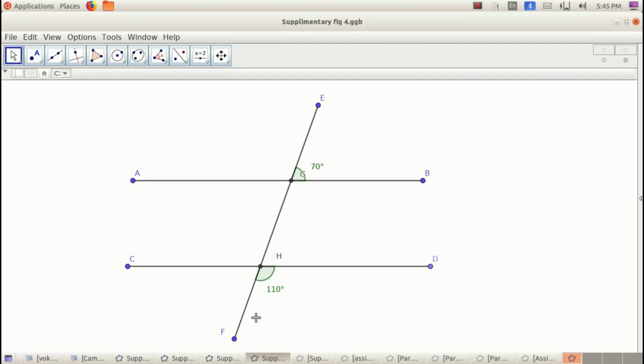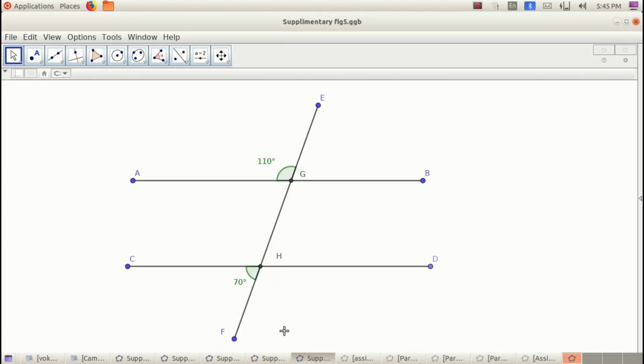So what can we call this pair? Here it is inside, interior, and here it is outside, yes, exterior, co-exterior angles. This angle and this angle are co-exterior angles. We can see one more such pair.